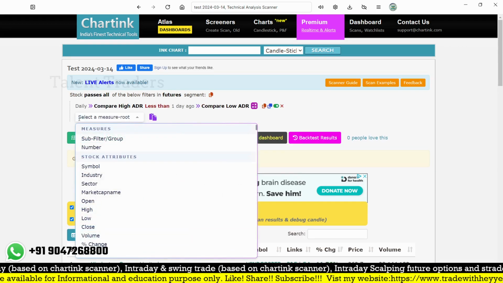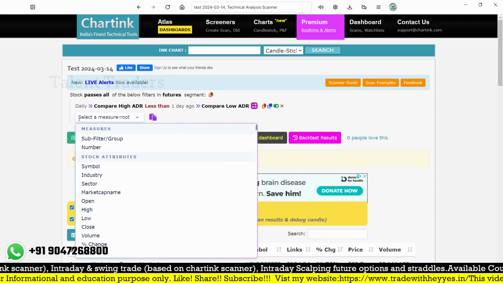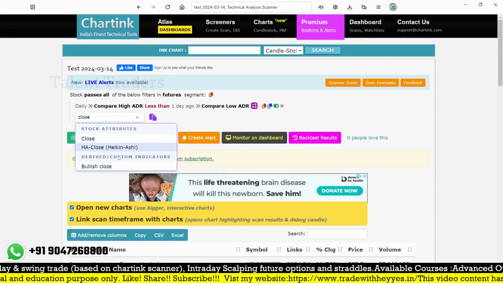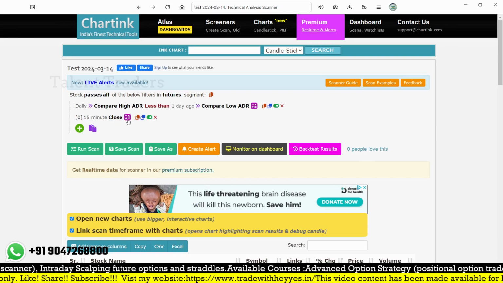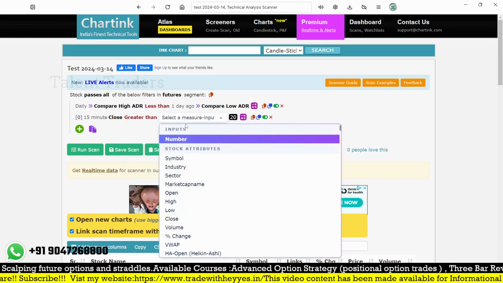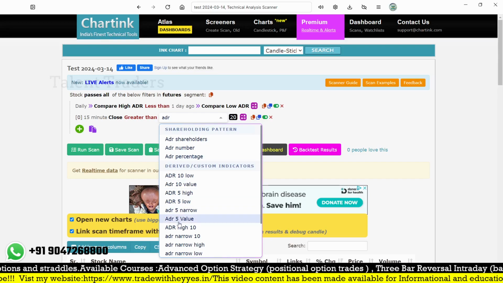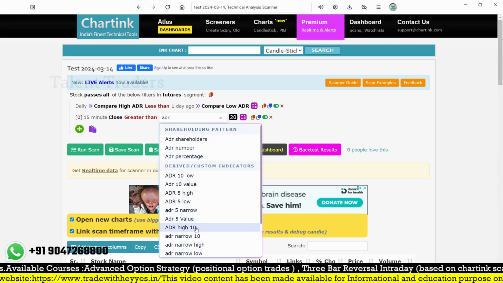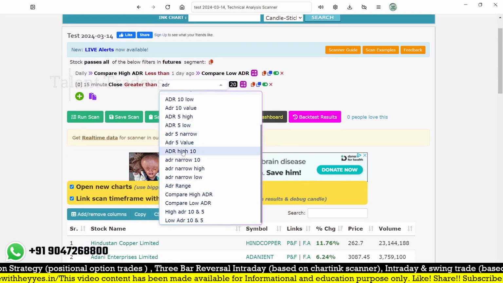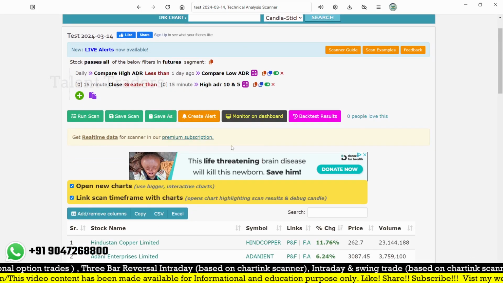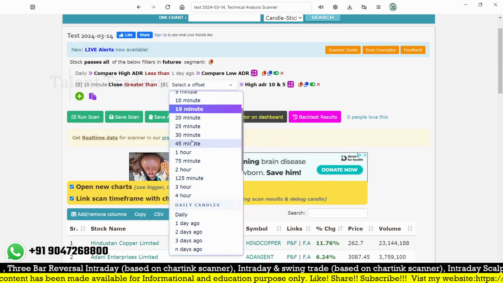So we have a 15 minutes breakout. The close of the particular first 15 minutes candle must be greater than the ADR. Here it should be a daily value.